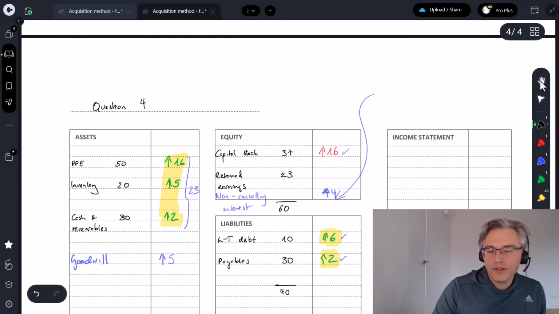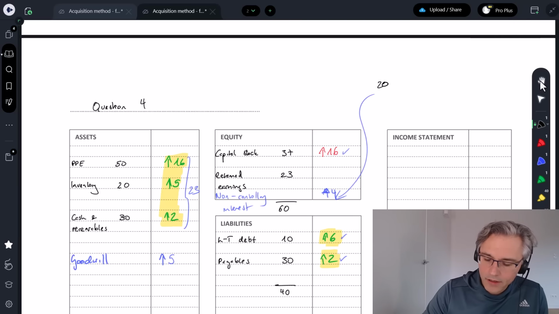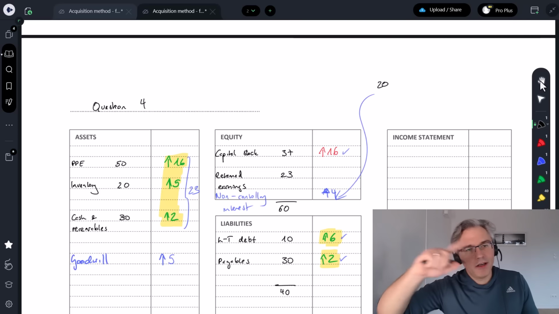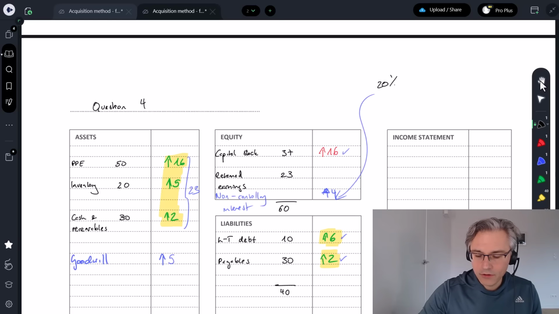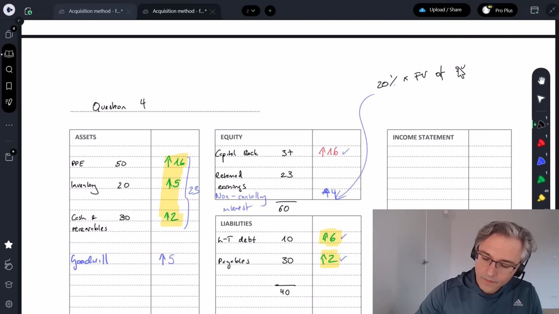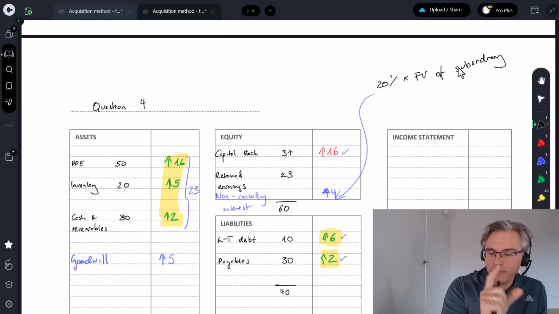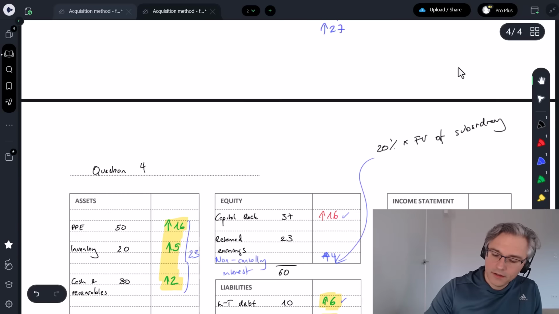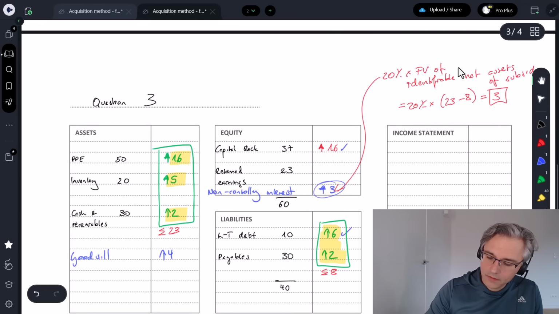This time around, non-controlling interest is not our share. It's that minority shareholders share 20%, not of the fair value of net identifiable assets, but times the fair value of the entire business. That subsidiary, right? Its assets were valued at 15, and previously we took 20% of 15. That's what we had over here, 20% of 15 to equal 3.